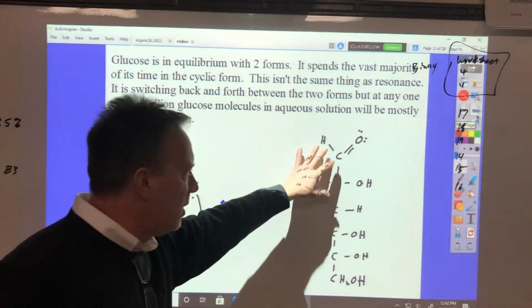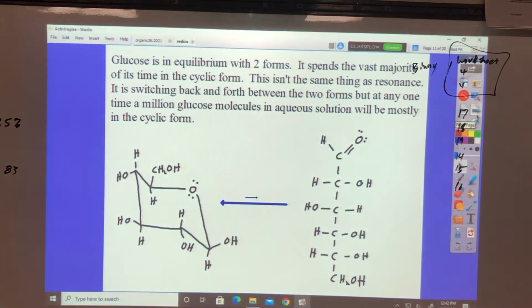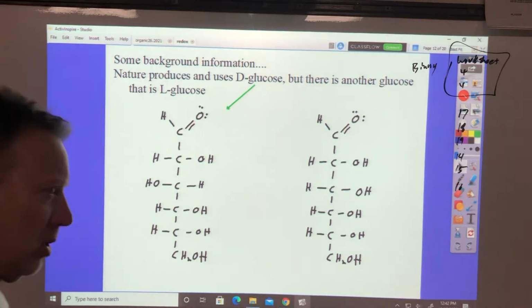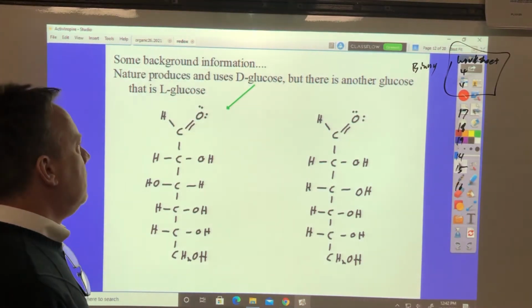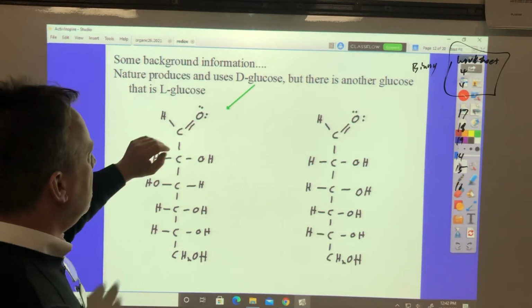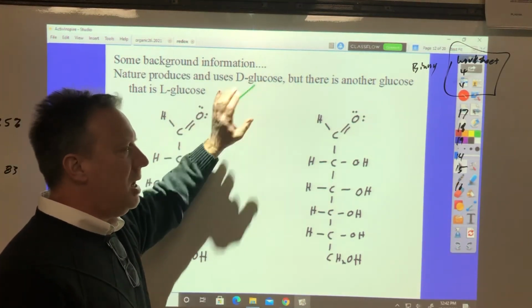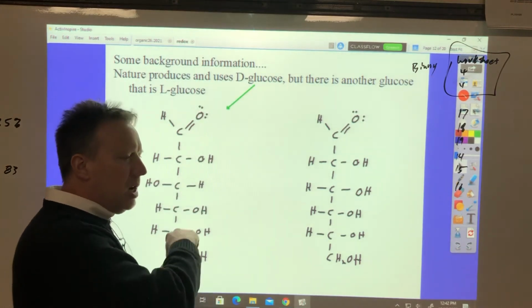So if we take this one, which shows up once in a while, I want to give you some more information. Notice this is D-glucose, and we don't have time to get into it now, but the D has something to do with the way that it optically rotates.